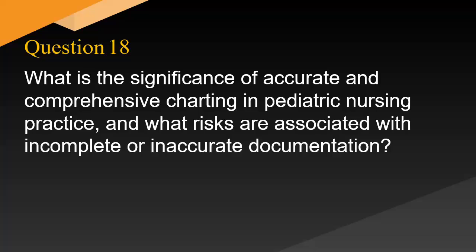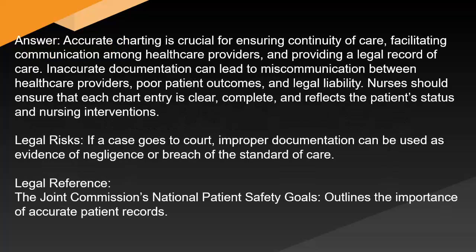What is the significance of accurate and comprehensive charting in pediatric nursing practice, and what risks are associated with incomplete or inaccurate documentation? Answer: accurate charting is crucial for ensuring continuity of care, facilitating communication among healthcare providers, and providing a legal record of care. Inaccurate documentation can lead to miscommunication between healthcare providers, poor patient outcomes, and legal liability.